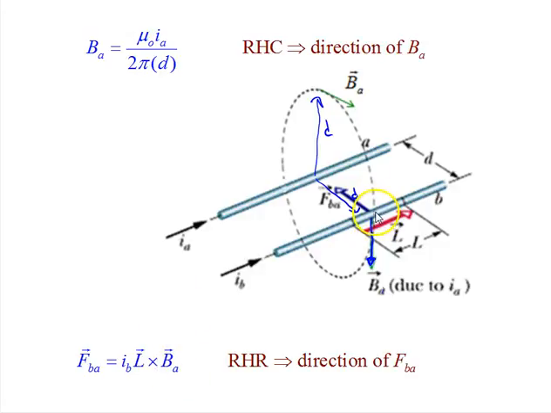Since we have current flowing in this direction and our B pointing downward, we can rotate and we get the direction of our force on wire B due to the current flowing in wire A is going to be towards wire A. We're using a right-hand curl for the direction of the magnetic field produced by current A, where we point our thumb in the direction of the current from our right hand, and in doing so our fingers curl in the direction of our magnetic field. Always perpendicular to that magnetic field line is the radial direction.